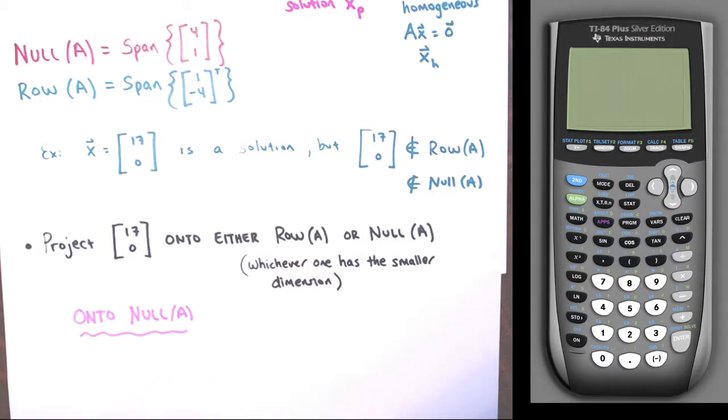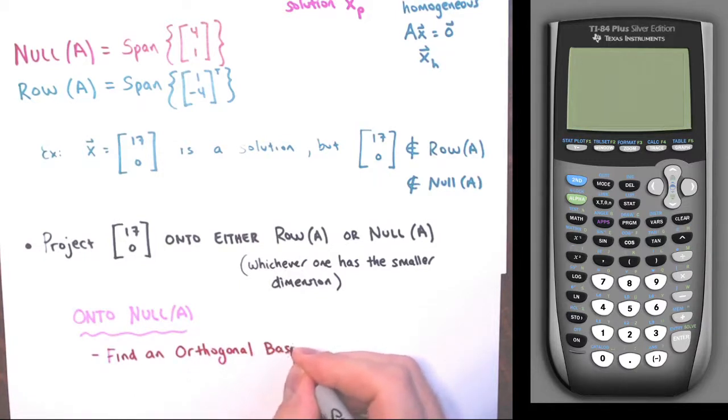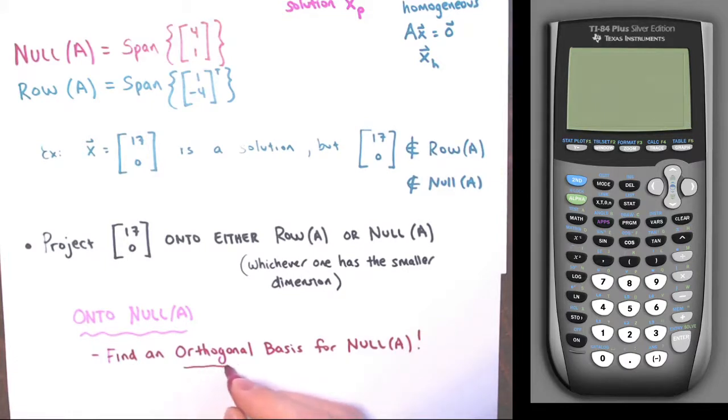Remember from the last video, if I'm going to project a vector onto a subspace, I need to find an orthogonal basis for that subspace. That's the key word, orthogonal. Now, it's only dimension 1.